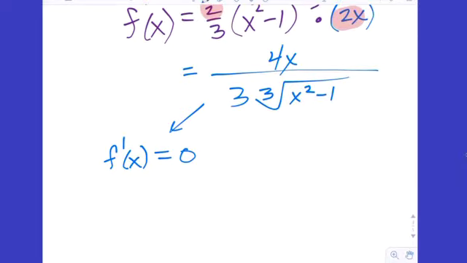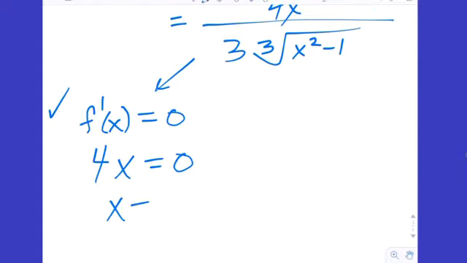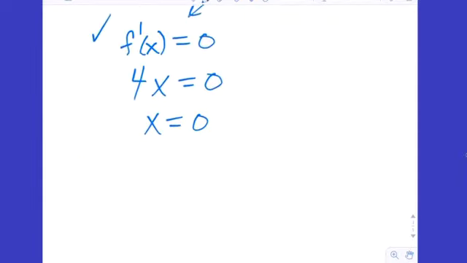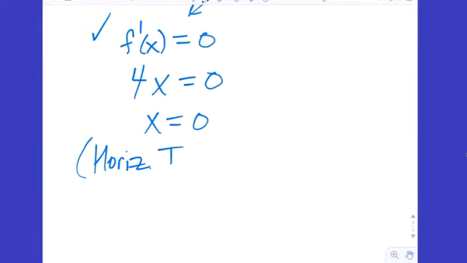So once you say f prime of x equals 0, you're going to pretty much earn a check on any kind of short answer. But then that happens when 4x is equal to 0. And now you can solve that, you get x equals 0. So because the derivative there was 0, what type of tangent line do we have there? Yeah, horizontal tangent line.